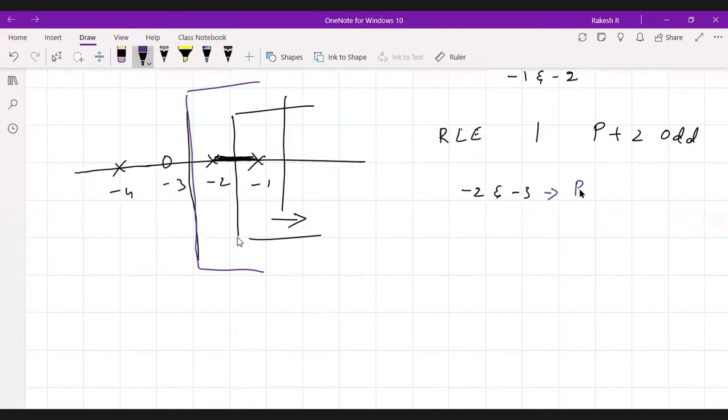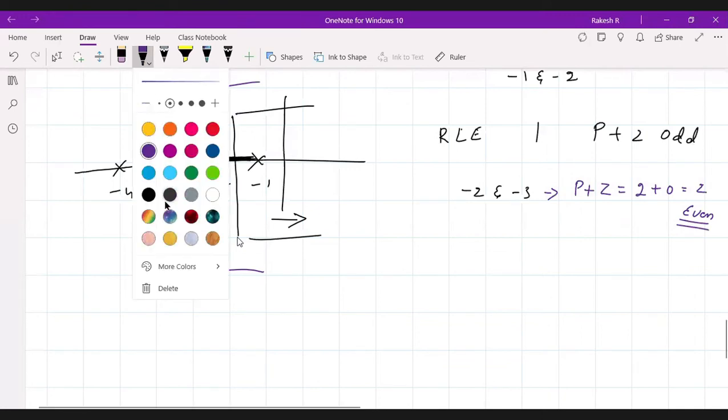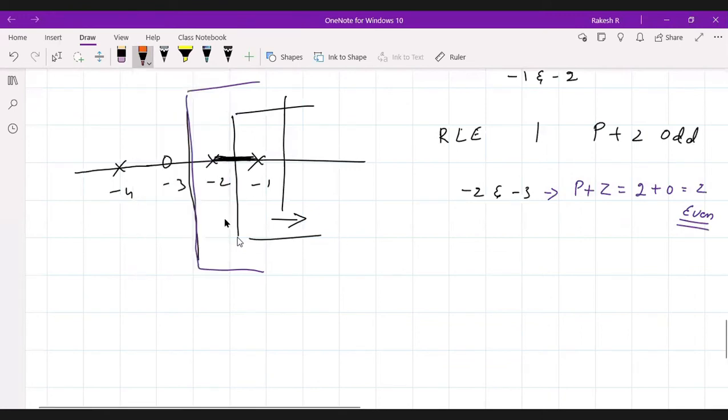P plus Z is how much? We have 2 poles, and 2 plus 0 is 2, which is even. When I get an even number of poles plus zeros, the root locus does not exist in between these two. Thus, the root locus does not exist between minus 2 and minus 3 here.